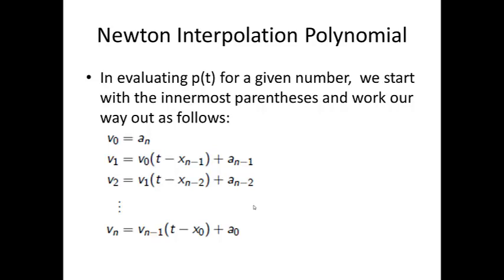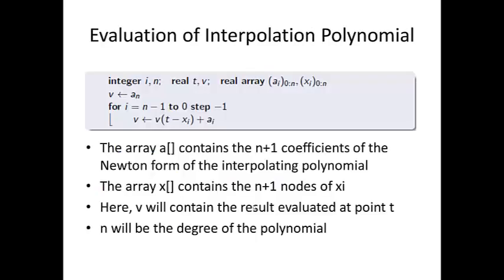At the end of the calculation, v_n is going to take on the value that p would take on at point t. Let's write some pseudocode to see how we can do this evaluation in the interpolating polynomial.